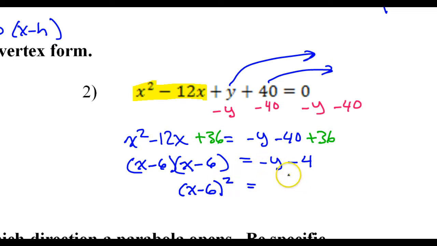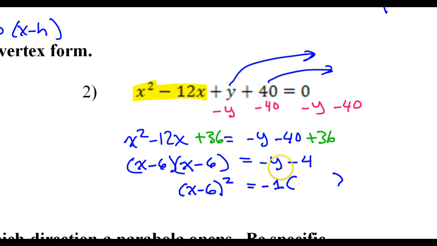Now, if this was just y minus 4, that would be okay. But you can't leave a negative sign on that y like that without parentheses. So we're going to factor out that negative sign as though it were a negative 1, which really it is. So we're going to factor out negative 1 outside the parentheses.